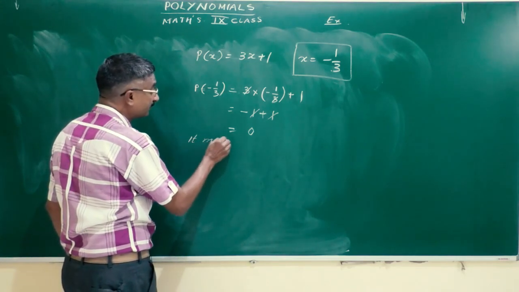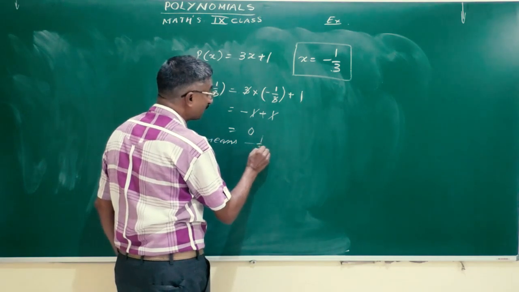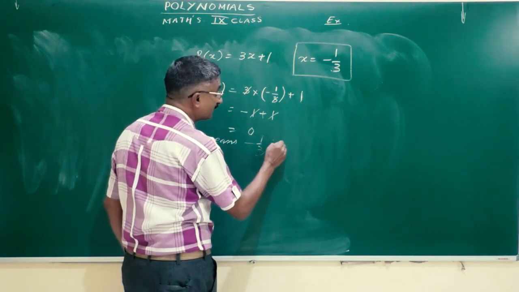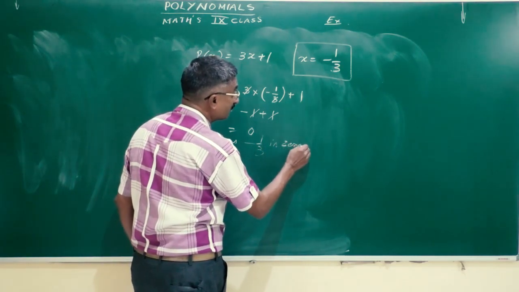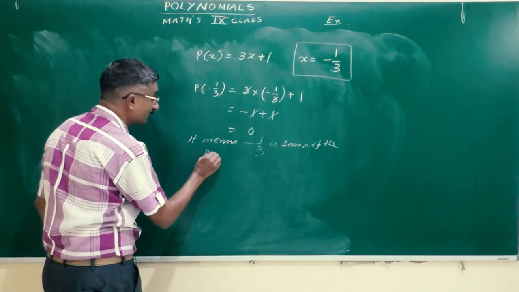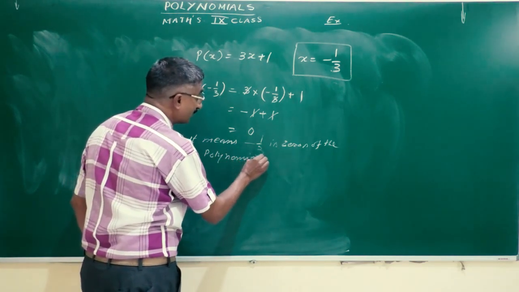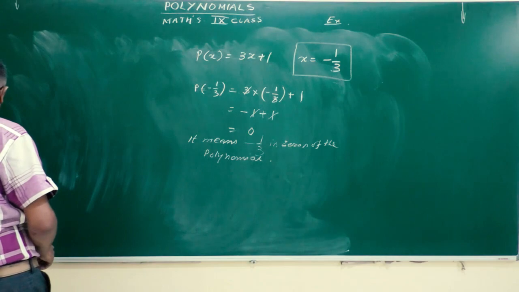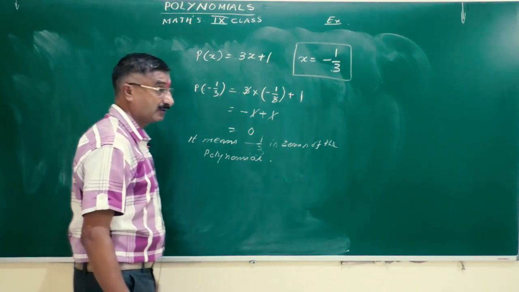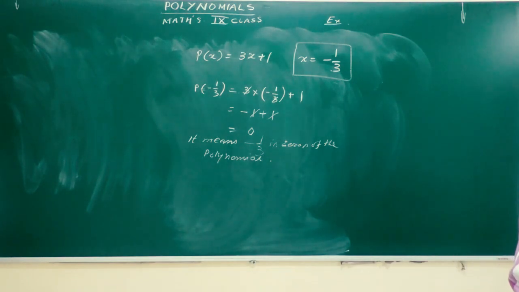It means minus 1 upon 3 is a zero of the polynomial. Clear? Zero of the polynomial. This is the first part of question number 3.